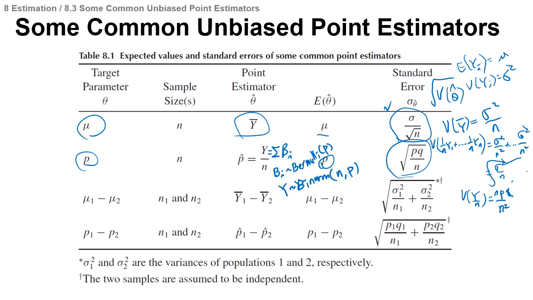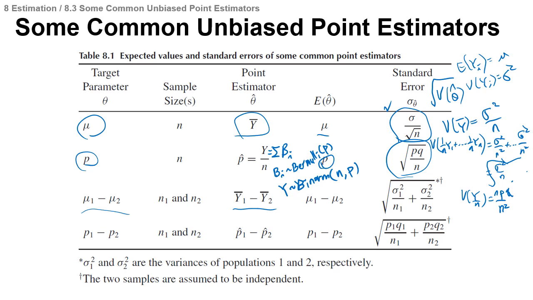Okay, and when we are comparing population mean, we have two populations, population 1 and population 2. Many times we want to compare the mean parameter of two populations. In that case, we use y1 bar minus y2 bar to compare the difference between two population mean.